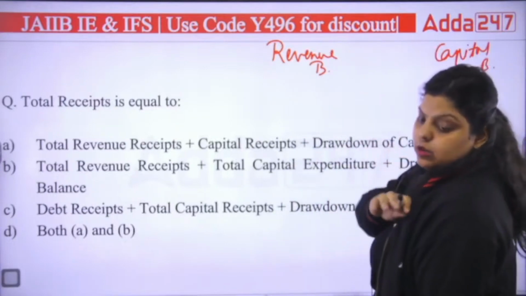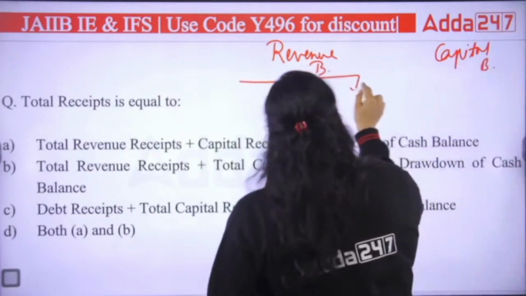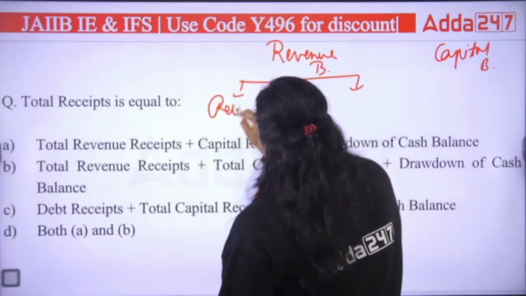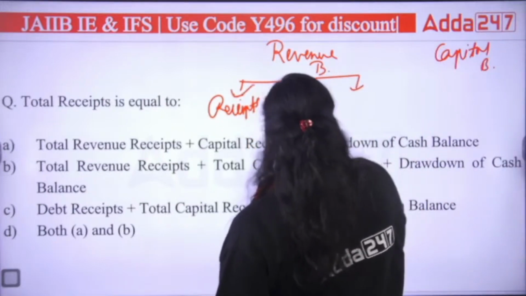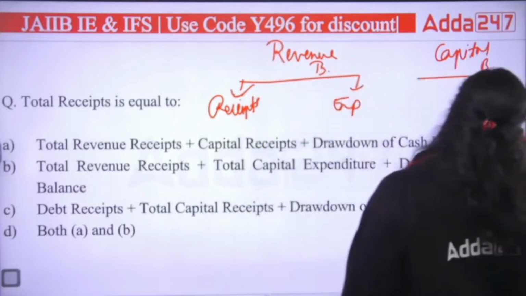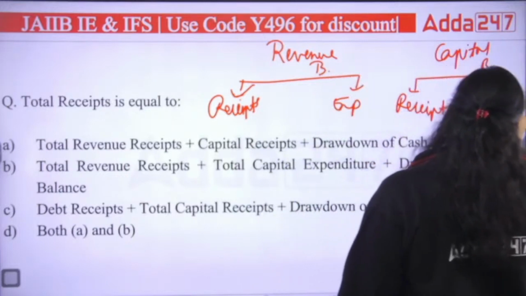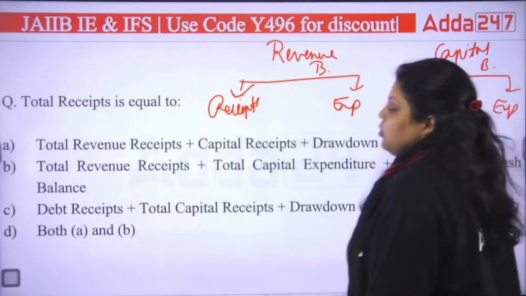The budget includes two things: earning and expenditure. A budget is always a statement of income, named receipts, and expenditure. So we have revenue receipts and revenue expenditure, and similarly capital receipts and capital expenditure. Those are the two components of the budget.